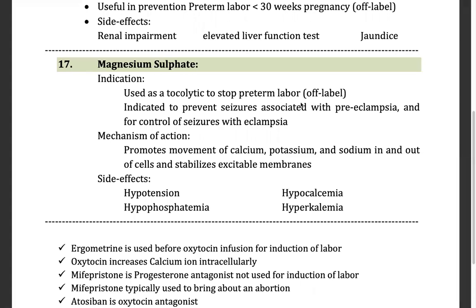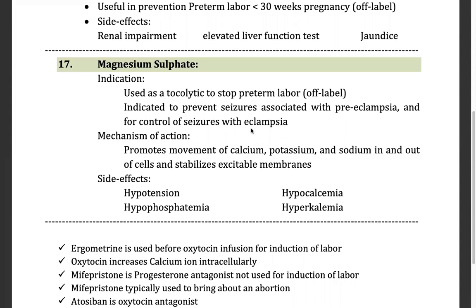Off label, it is indicated to prevent the seizures associated with preeclampsia and to control the seizure with eclampsia. Yes, this is a most important complication during pregnancy.